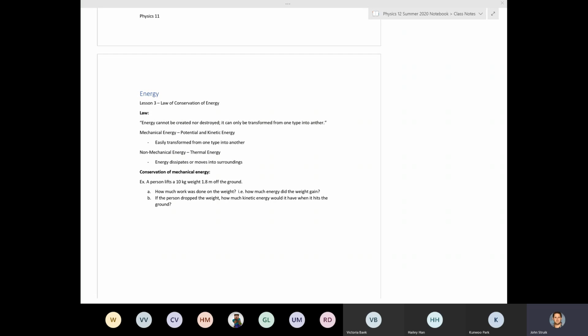I'll give you a take-home assignment, like what would normally be a quiz for the energy unit. And then we will start momentum tomorrow. We'll do conservation of energy, and then we'll do the first lesson of momentum as well.